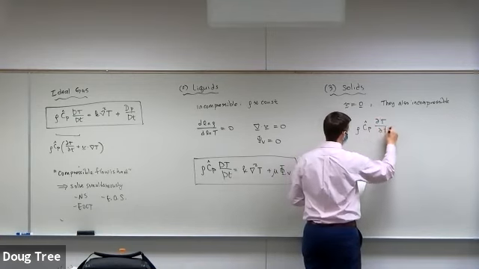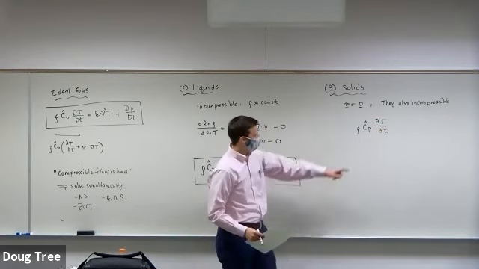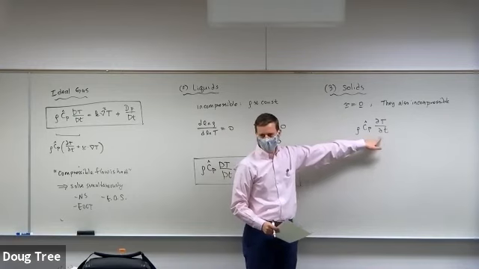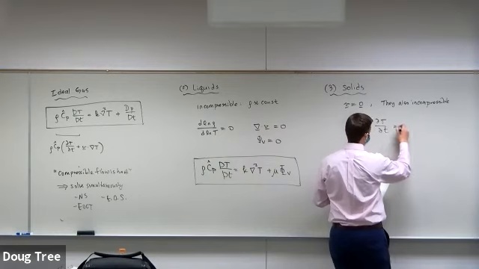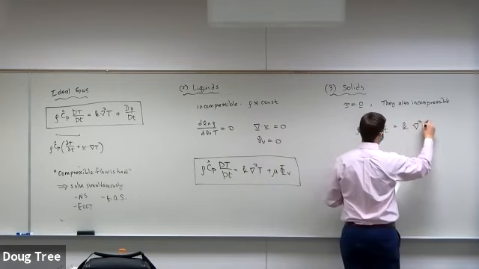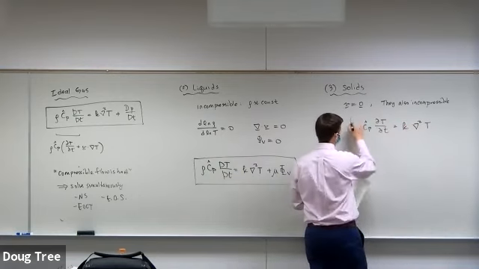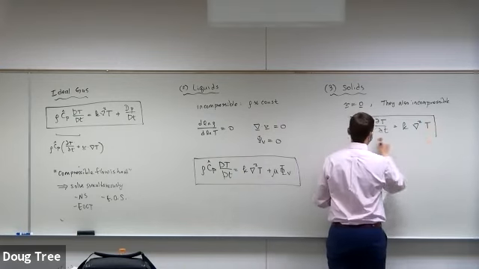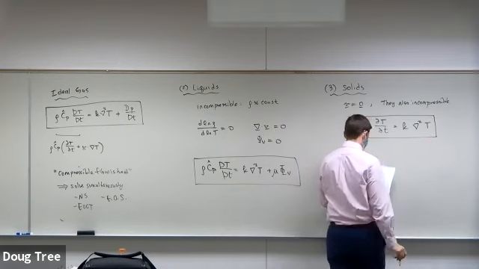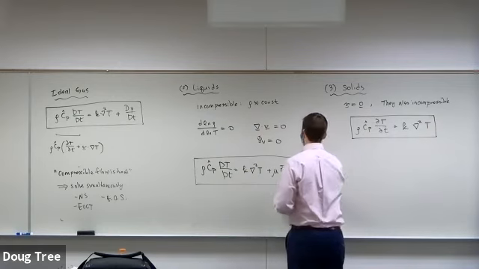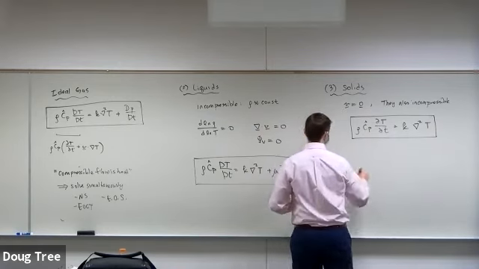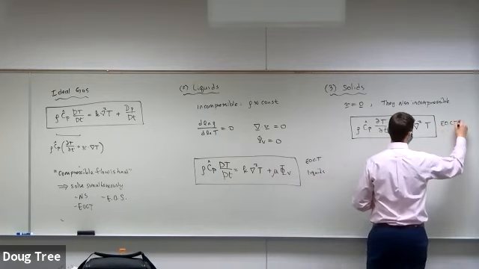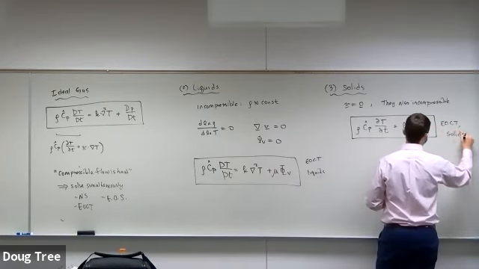Now I have rho C sub P, and then only the partial derivative, dT dt, is equal to K grad squared T. Okay, so this is the equation of change for temperature for liquids. This is the equation of change for temperature for solids.